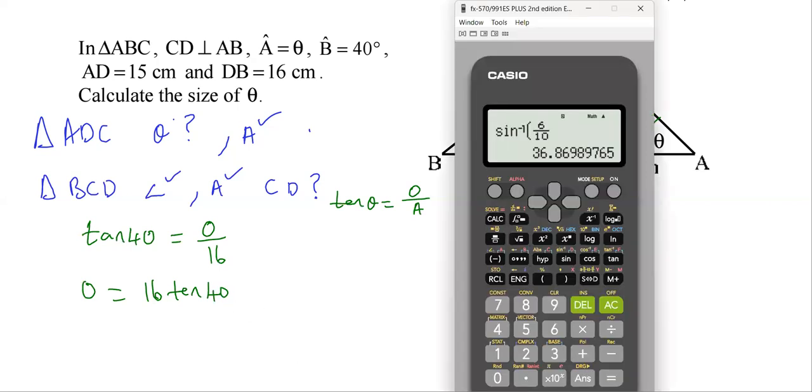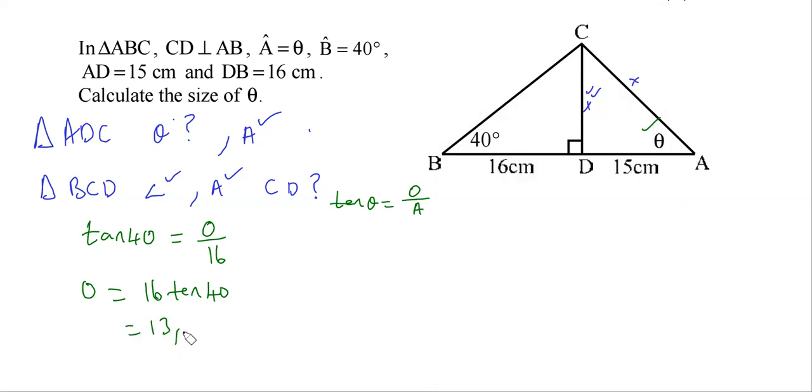Now we can punch our calculator: 16 tan 40. We get 13,43. That's what we get as our opposite.